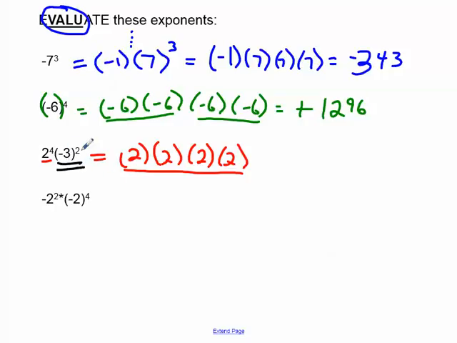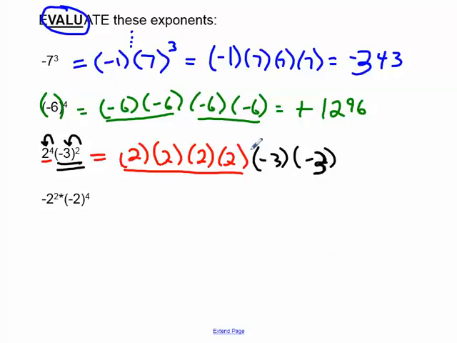Here's my -3 squared. My base is -3, multiplied by itself 2 times. The 4 tells me I'm multiplying the 2 by itself 4 times. So -3, oops, that should be a -3, sorry. It's hard to talk and write sometimes.